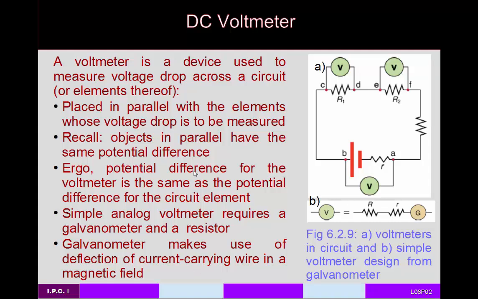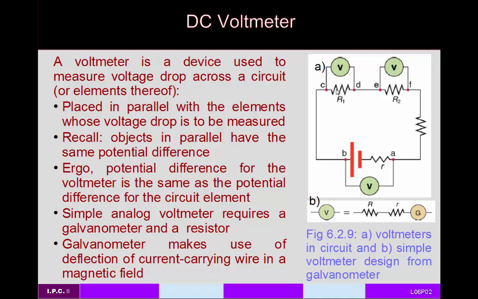You place the voltmeter in parallel with the element that you want to measure the voltage drop across. Maybe here's your resistor, here's your voltmeter. This is measuring the voltage across just this resistor because it's only in parallel with this resistor.